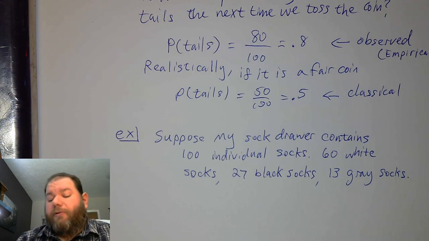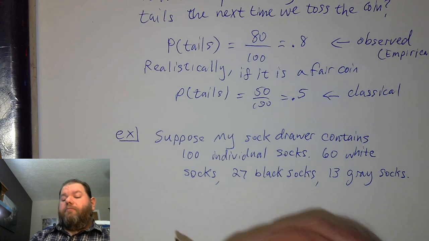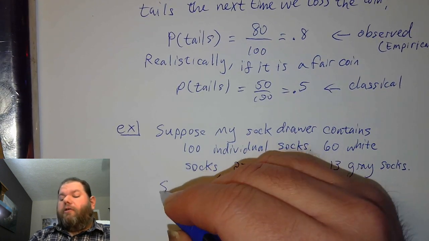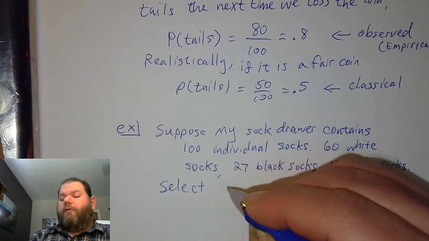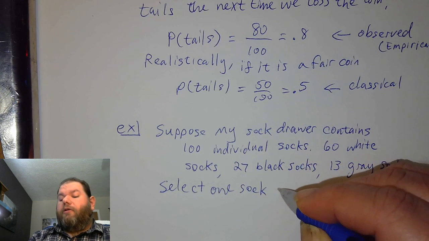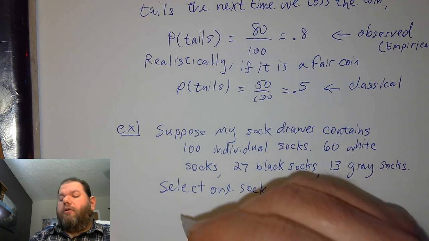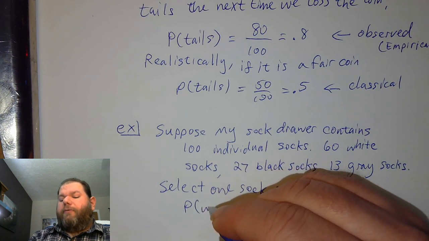So what is the probability that we select a white sock at random? So we select one sock at random. What's the probability that it's white?